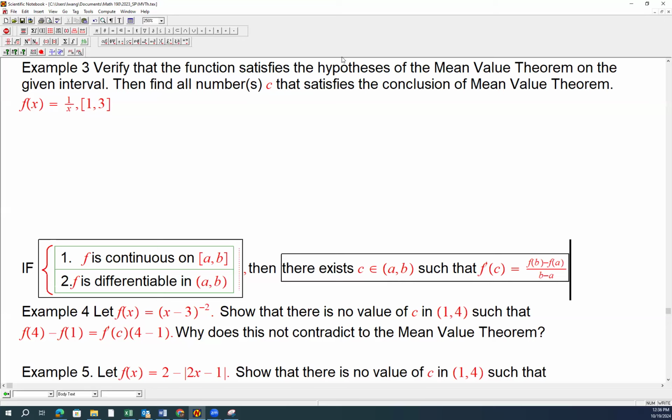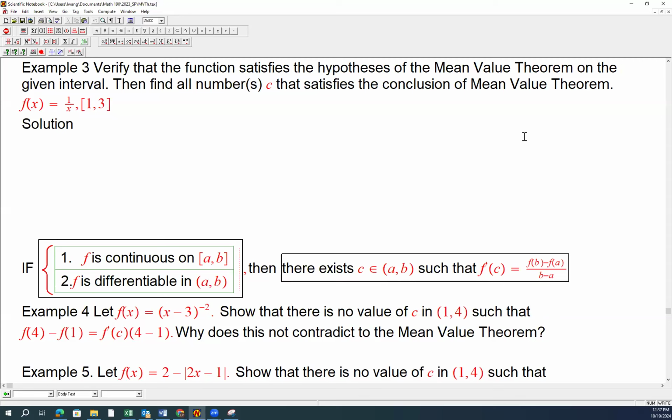The function is f of x equals 1 over x. The domain of this function, of course, x cannot be 0. And luckily, we are given an interval that is very well in the domain. So we don't have to worry about conditions not being satisfied in between.